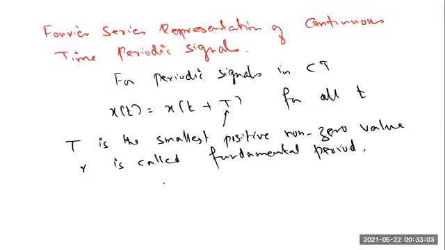And we also use omega naught, which is equal to 2 pi by capital T.